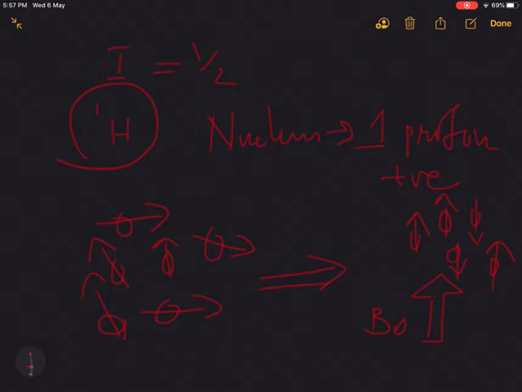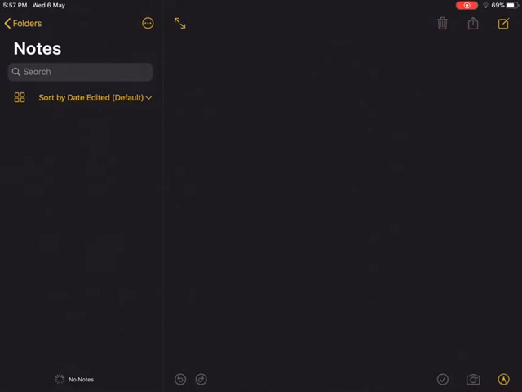There are two orientations in the case of a proton, and that can be decided by an equation. If the value of spin quantum number is I, the number of orientations is equal to 2I plus 1. For a proton, the value of I is half, therefore 2 into half plus 1 is equal to 2. So for a proton, there are two orientations.